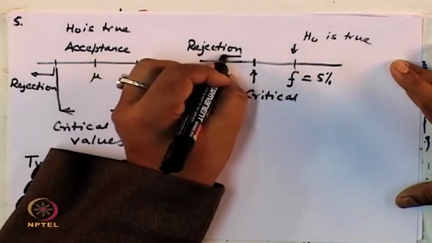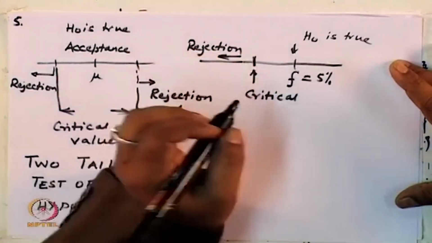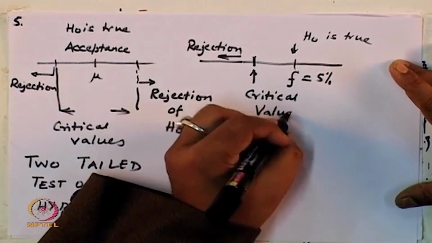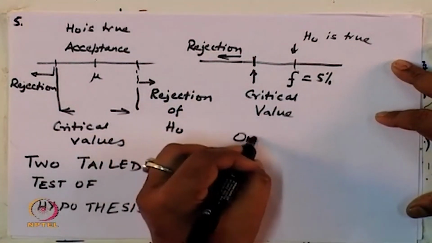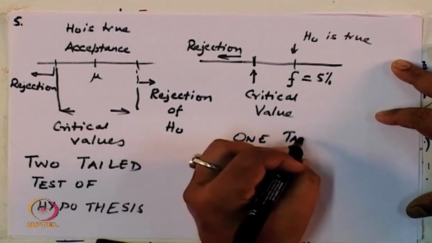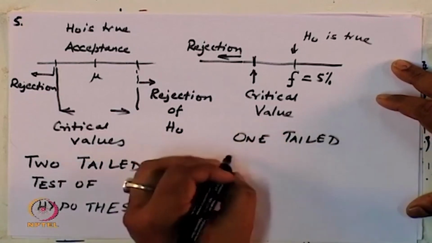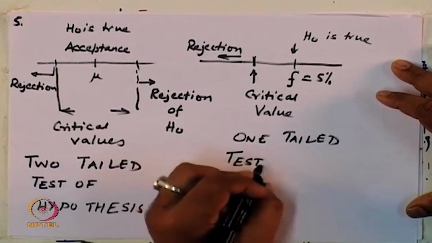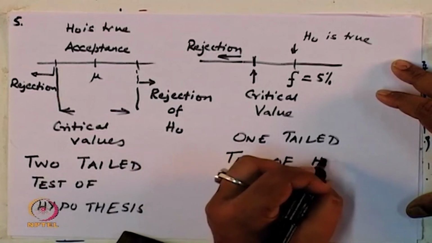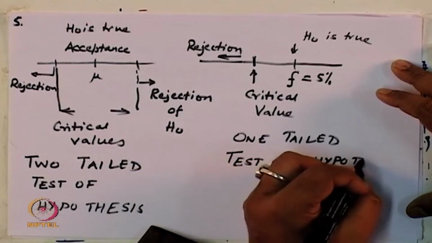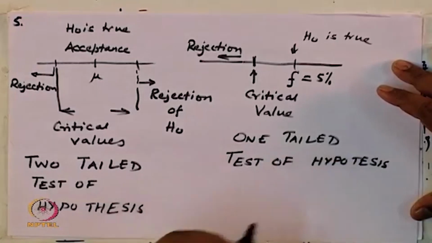This is an example of a one-tailed test of hypothesis. So these are the 2 possibilities.